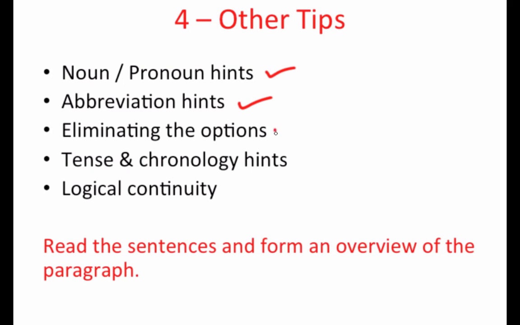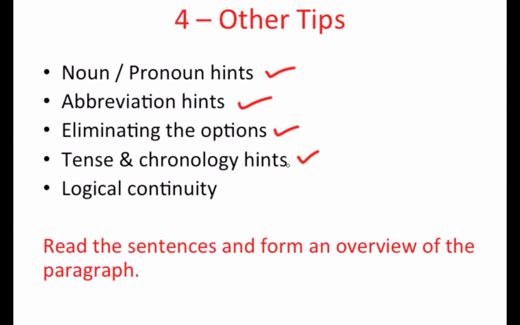Eliminating the options, I guess you have already seen how helpful that is. Once you observe a connection, a particular pattern, you know two statements which will be coupled together, you can eliminate the options and get to the correct answer. Tense and chronology hints. Again, this is something very important. Let's say if someone talks about June, then July, and then August, and they are given in a different order.